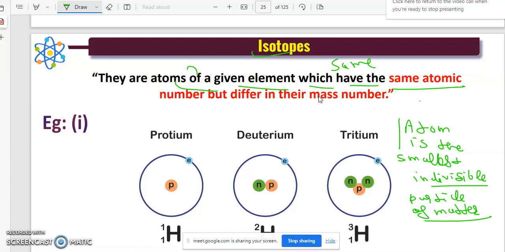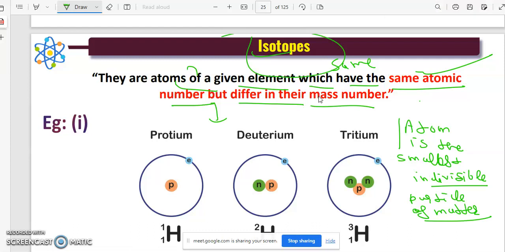So isotopes are the atoms of a given element which have the same atomic number but a different mass number. The atoms of a given element which have the same atomic number but different mass number, we call them isotopes.